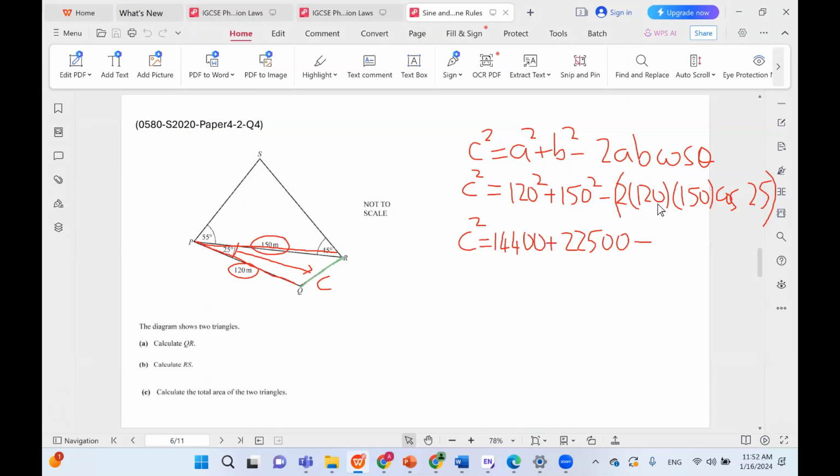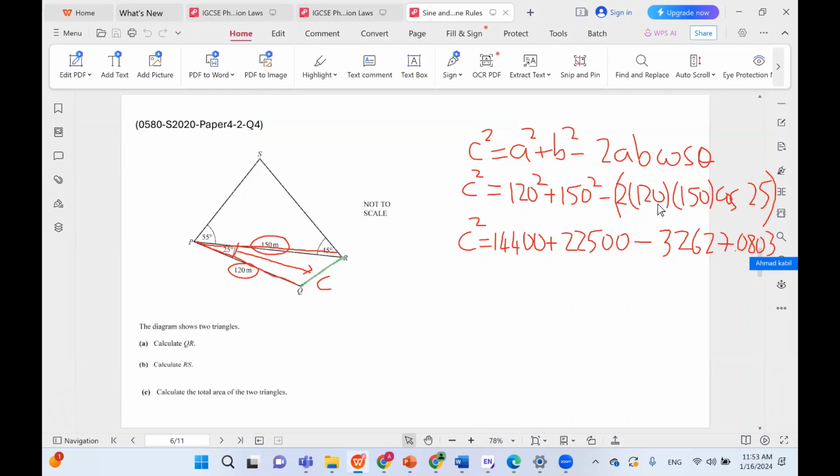Two times 120 times 150 times cosine 25. And this gives us 32627. And it's good to write a couple of decimals as well. So 0.0803.